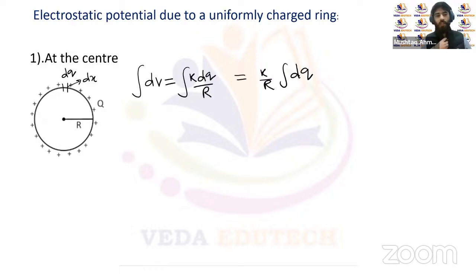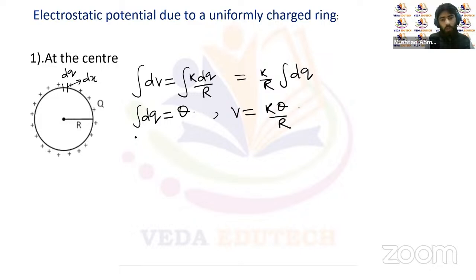And the integral of dq gives us the total charge of this ring, which is given as capital Q. So the integral of dV will be V, which is equal to kQ upon R. So the potential at the center of the ring, Vc, is equal to kQ upon R. This is the potential at the center of this ring.